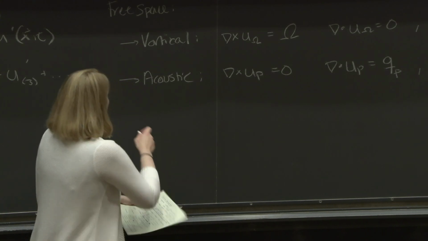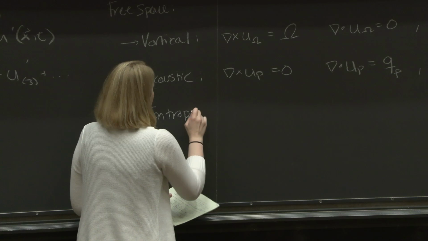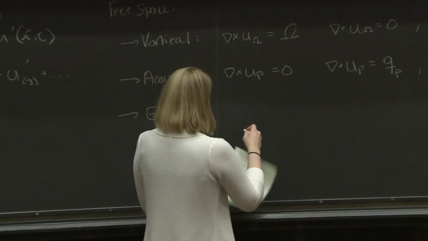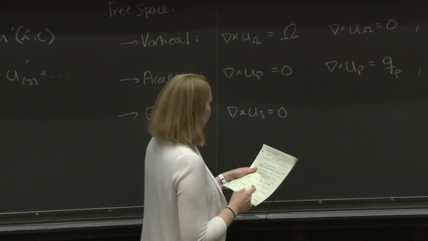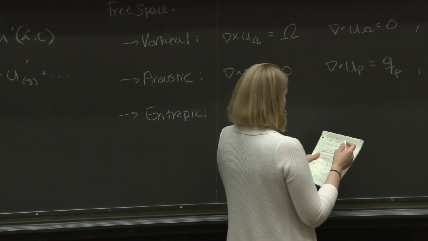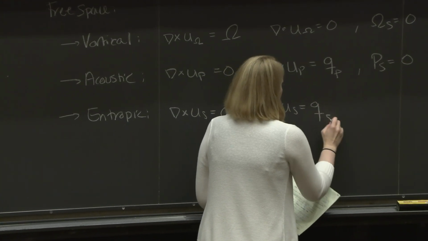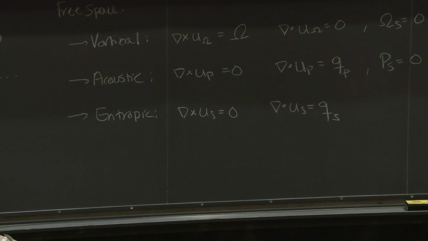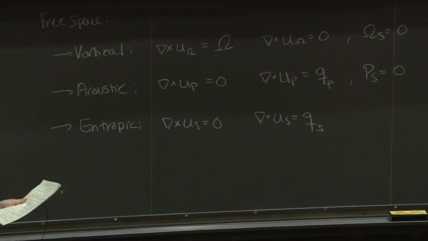The thing that really starts to screw stuff up in reacting flows is the entropic component here, which is non-rotational, so that's good for vorticity, but it is dilatational, right? If I add heat to something, it expands. That was kind of important for the thermoacoustic piece.